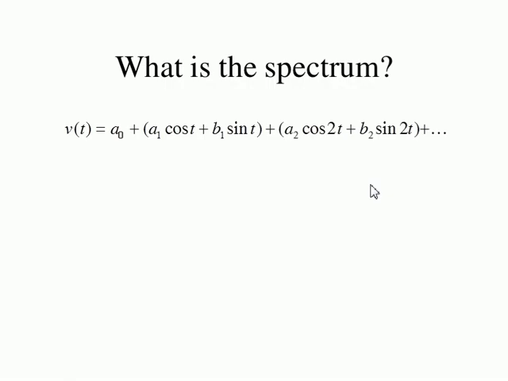Well, when you do that, you are doing what's called constructive synthesis. You're adding up simple basis functions like sine and cosine to get a relatively complicated looking function, arbitrarily complicated function. The inverse of constructive synthesis is analysis.